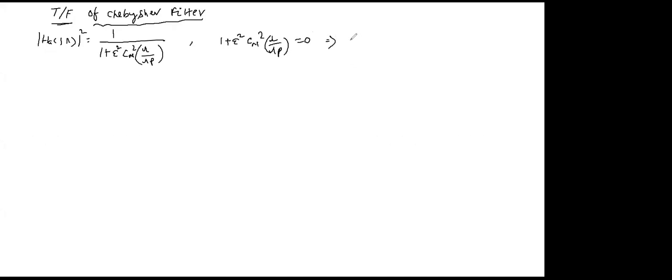We will get Cn square of ω by ωp equals minus 1 by epsilon square, or Cn of ω by ωp equals plus or minus j by epsilon.